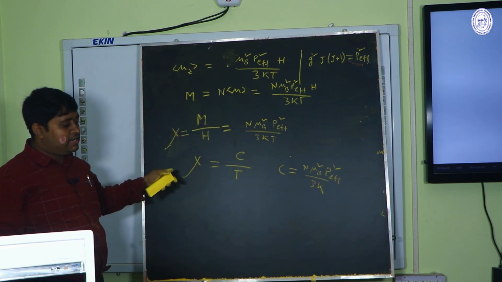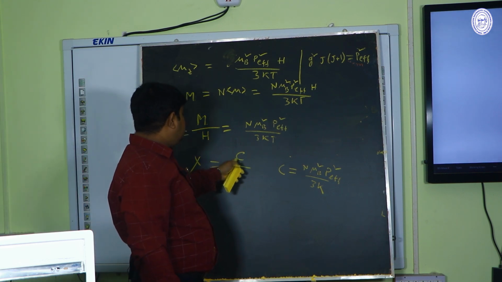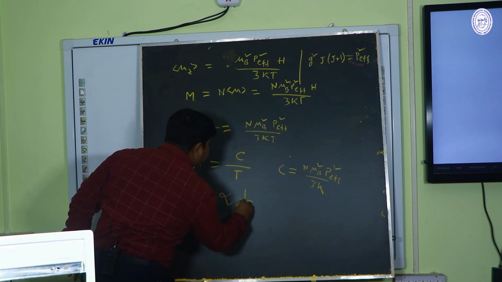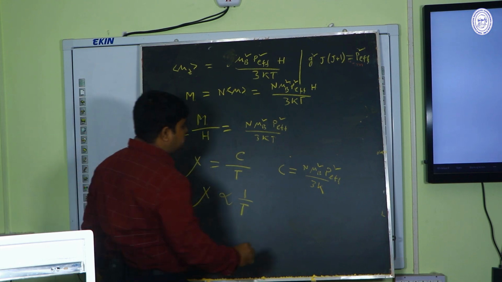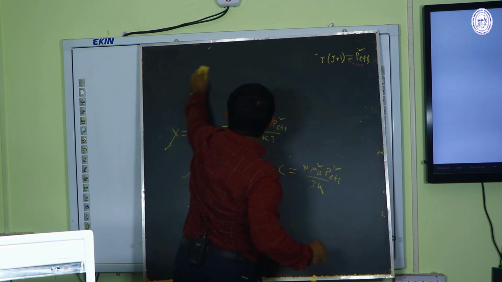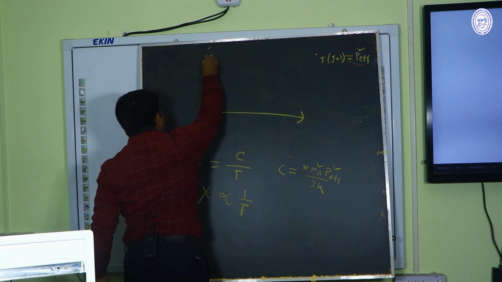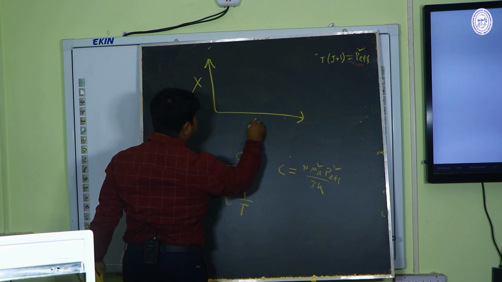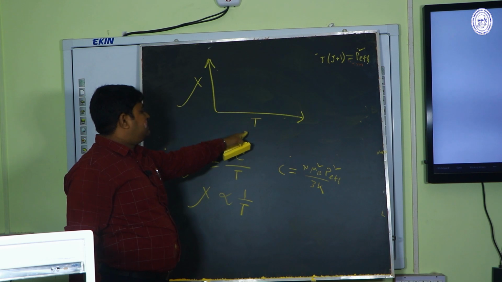So the susceptibility of a paramagnetic substance is inversely proportional to the absolute temperature. So we plot the susceptibility of a substance along the y axis and the absolute temperature along the x axis.